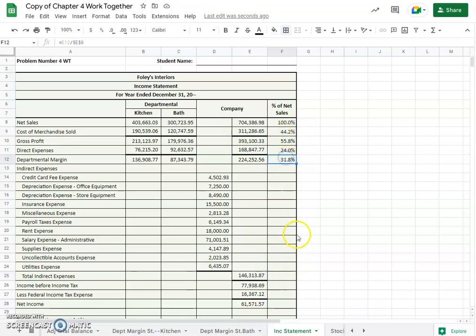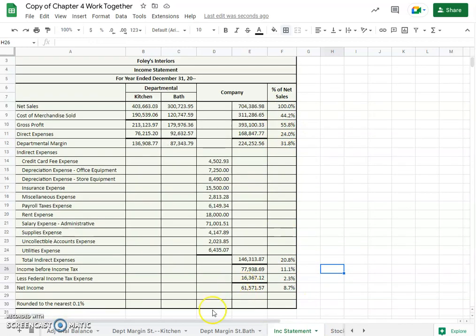And we will copy this formula and paste it down here because we have to get our vertical analysis ratios here. So 8.7% net income as a percentage of total net sales. Okay. Income statement is done, rounded to the nearest 0.1%.